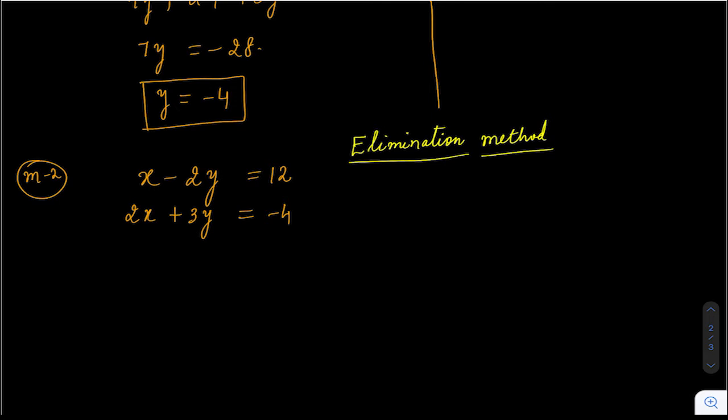For example, you can see in the first equation I have coefficient of x as 1, and in the second equation I have coefficient of x as 2. So I will try to make them the same. You can make them the same if you multiply the first equation by 2. So I am multiplying the first equation by 2.